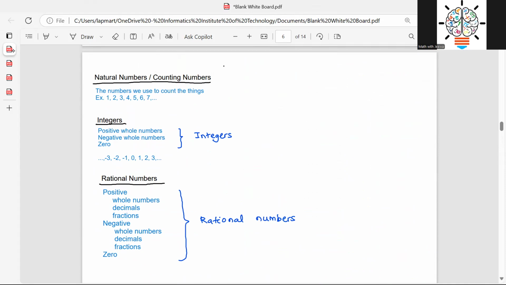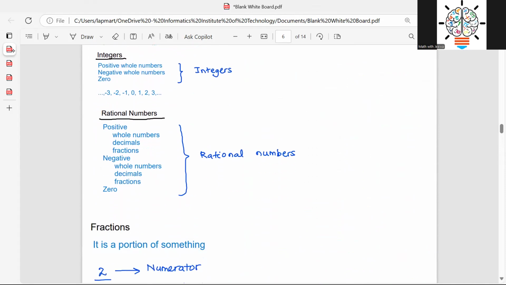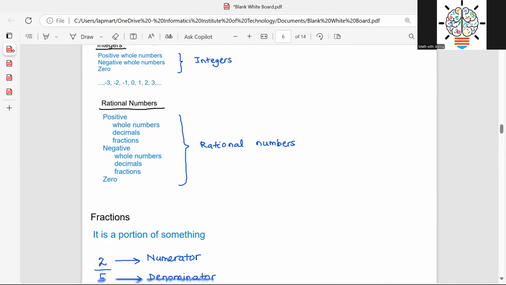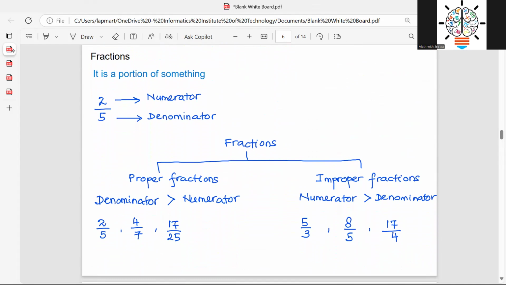You should know what natural numbers or the counting numbers are, how to define the integers and what the examples are. Then what rational numbers are. Then we discussed what fractions are. A fraction is a portion of something, and we have two parts of a fraction. The upper part we call the numerator, the lower part we call the denominator.